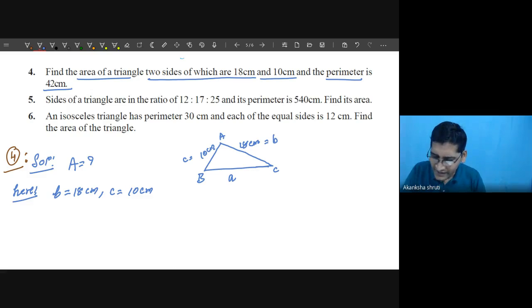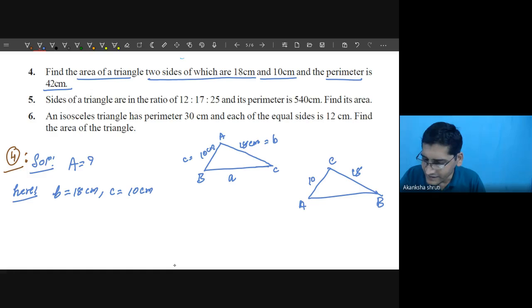If you are taking the triangle orientation like this one, if you are denoting this as A, B and C, at this time, this as 18 and this as 10, then this 18 will be denoted by a and this 10 shall be denoted by b. Okay, so in this case this c we need to calculate. So it is up to you.